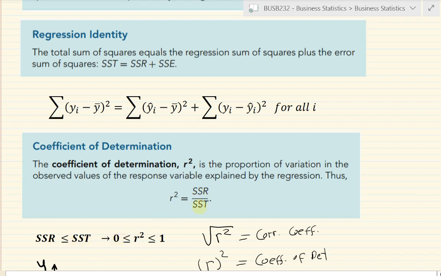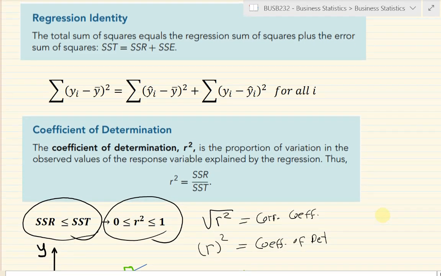At that point there is no error, meaning every point lies on the regression line, so explained variation is exactly the same as total variation. Because of this inequality, R squared always lies between 0 and 1. The square root of R squared gives you the correlation coefficient. And when you square the correlation coefficient, you get the coefficient of determination.